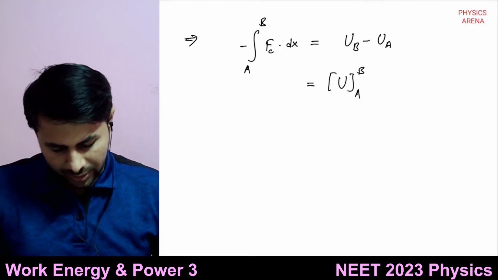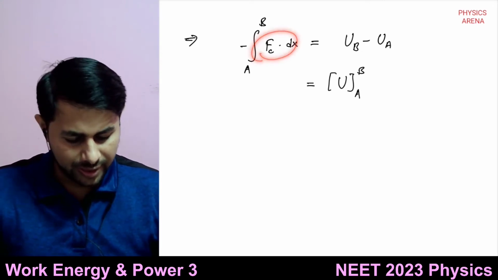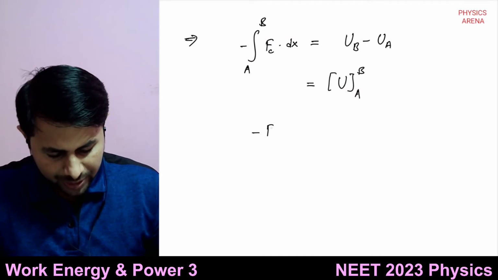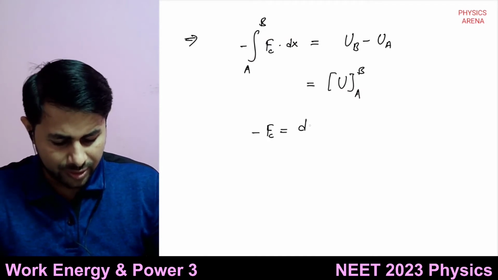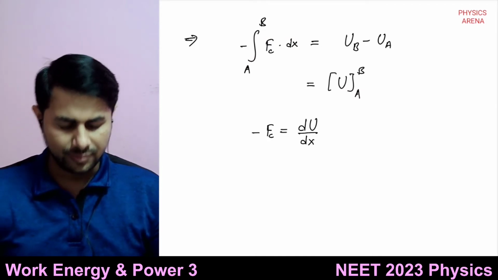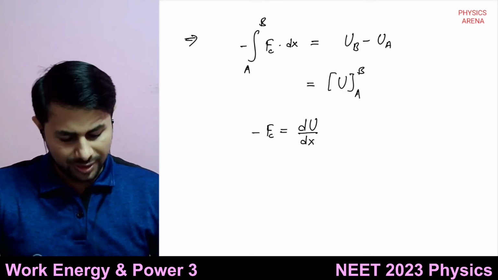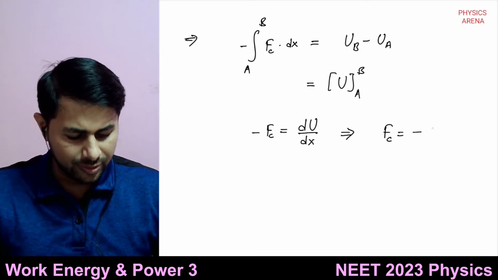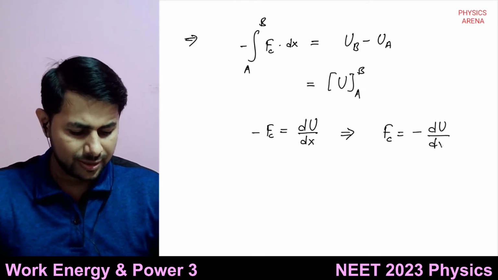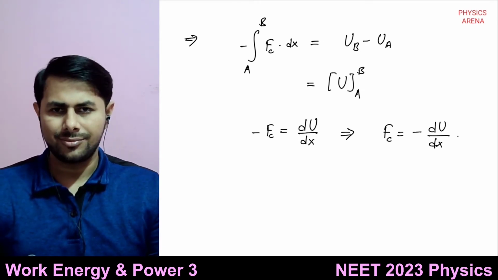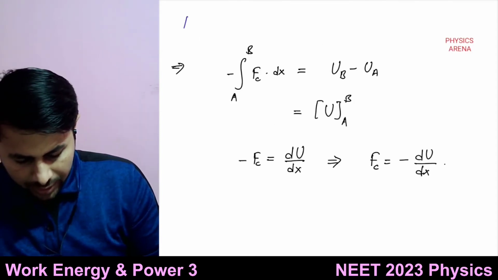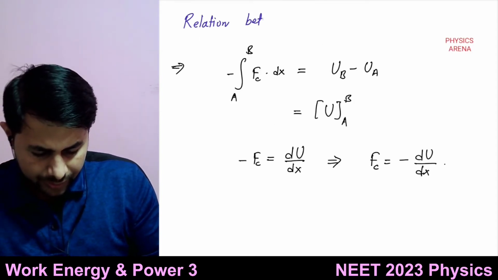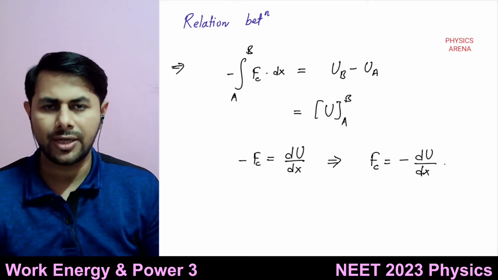So the integral of this is U, which means minus Fc is equal to dU by dx, and that means Fc is equal to minus dU by dx. This is the relation between a conservative force and potential energy.